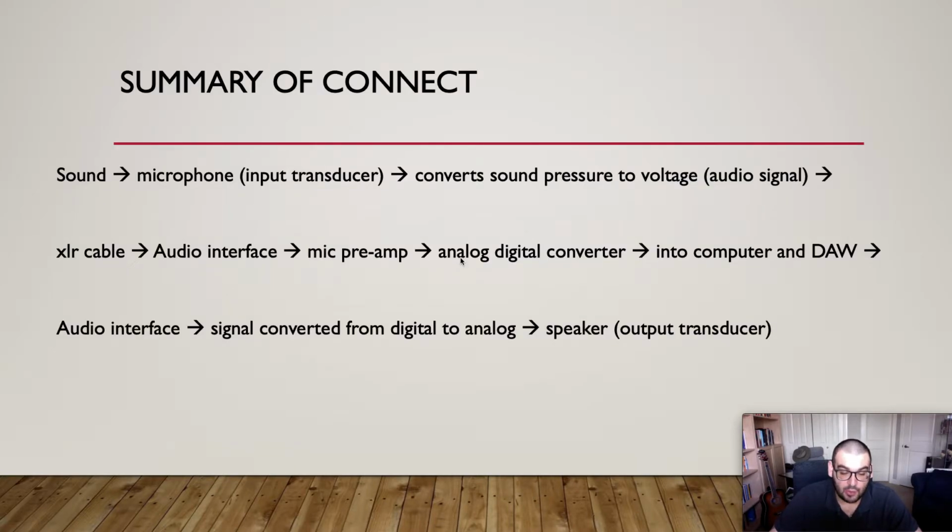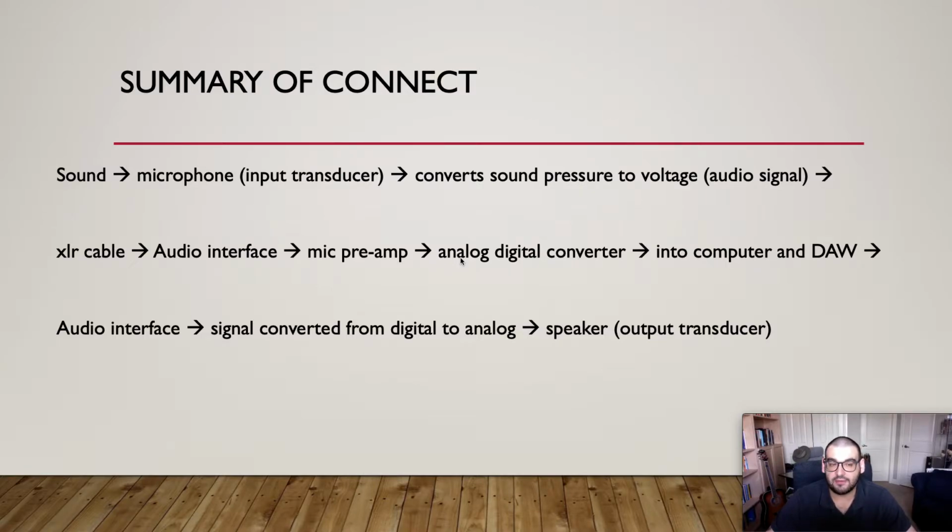So here's just a summary of how everything is connected, the flow of the signal. It goes from the sound to the microphone, which converts the sound pressure in the air to an audio signal.